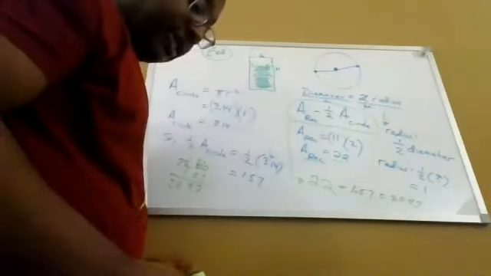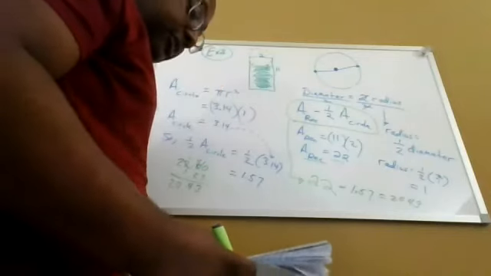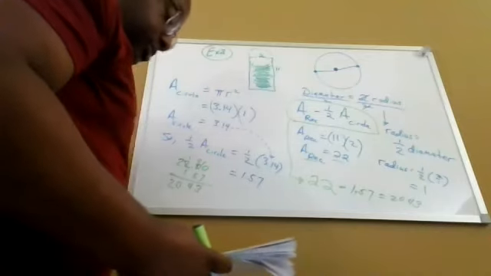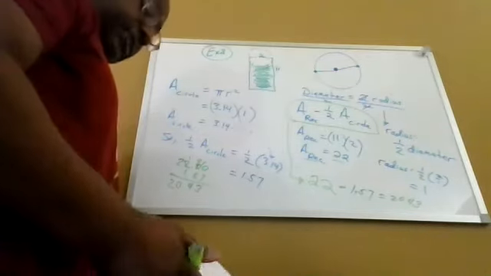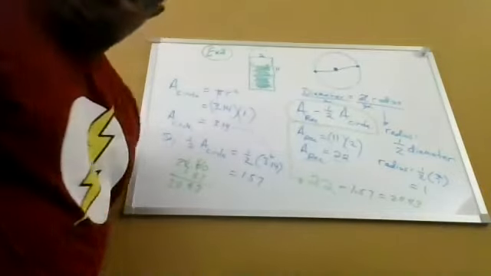Okay, and the last thing is circumference of a circle, which is given by the formula 2 times pi times r. And circumference is basically the distance around the whole circle.